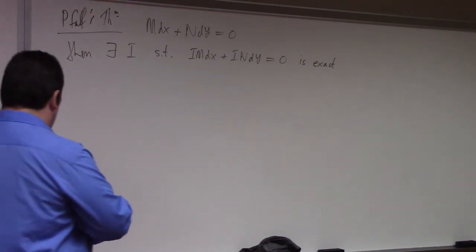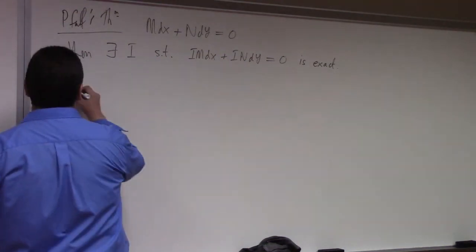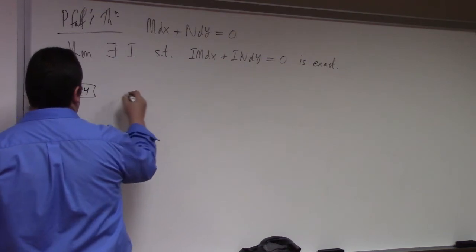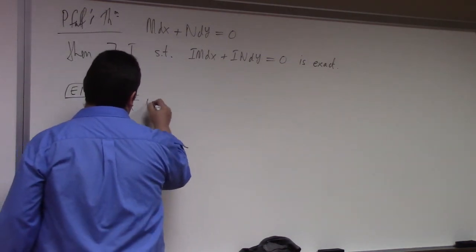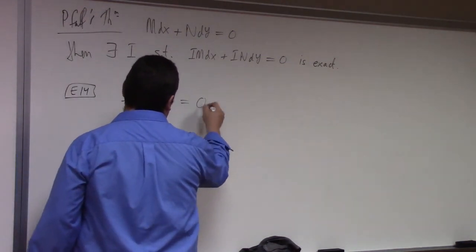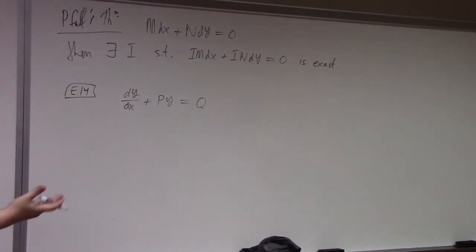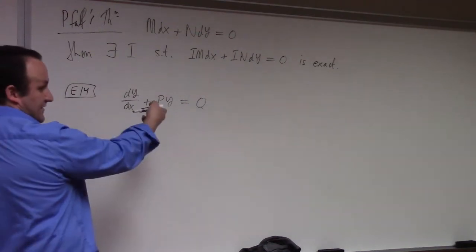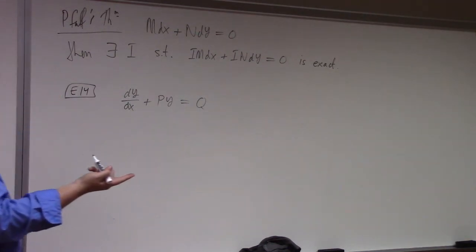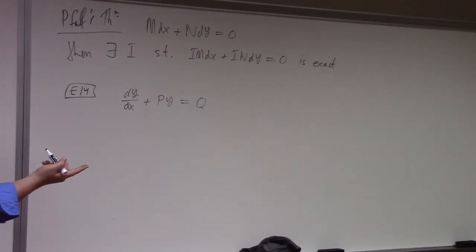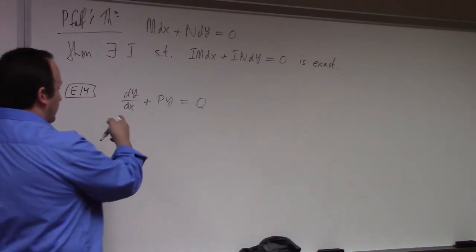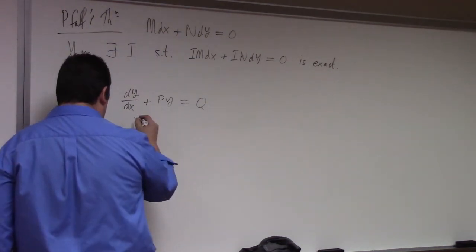So a really neat example of that is if we start with dy dx plus py equals q, and we try to ask, is this an exact differential equation? That's the standard linear differential equation in standard form, right? If I rewrite this in Pfaffian form, what is it?